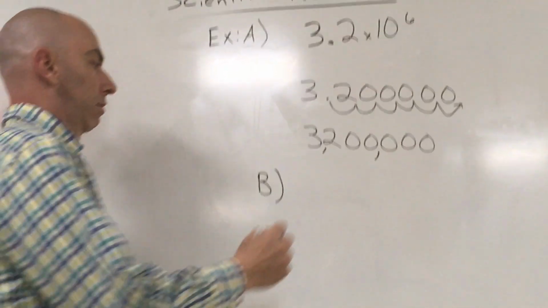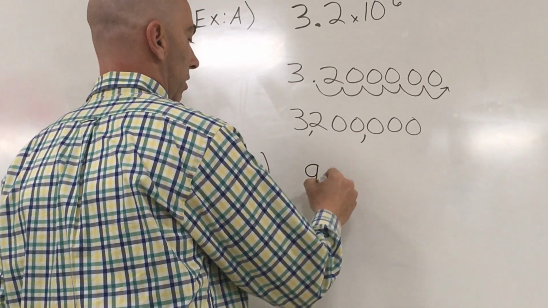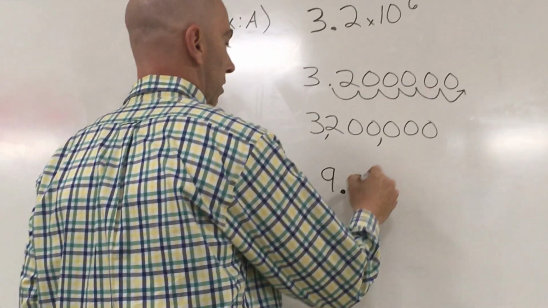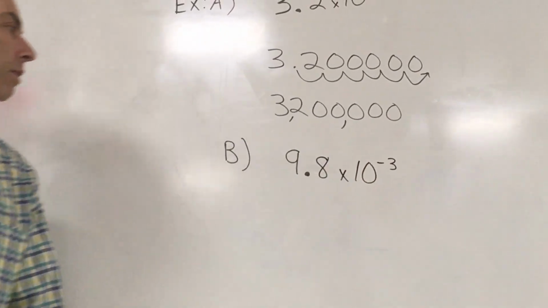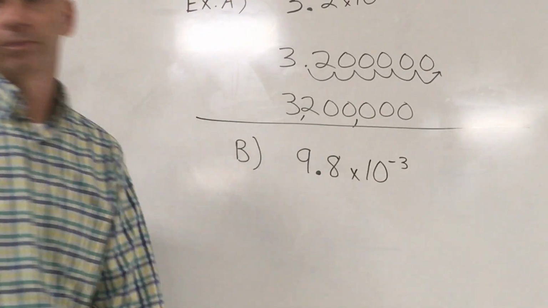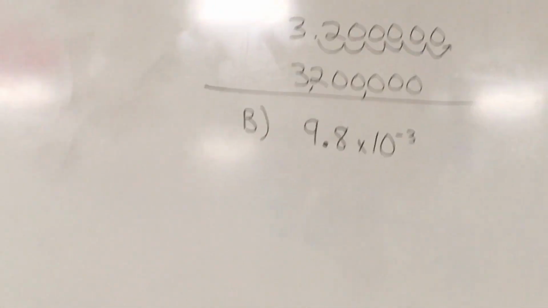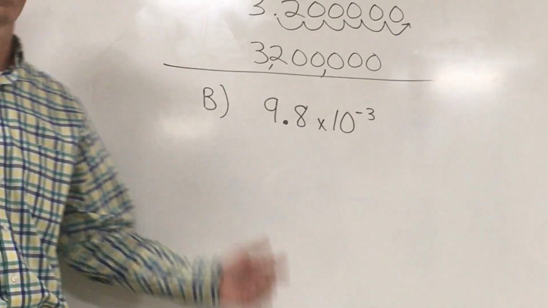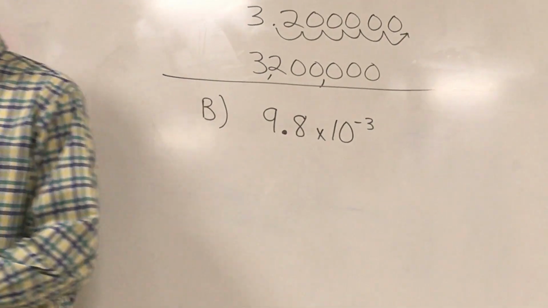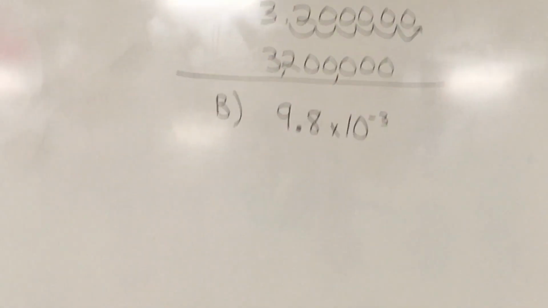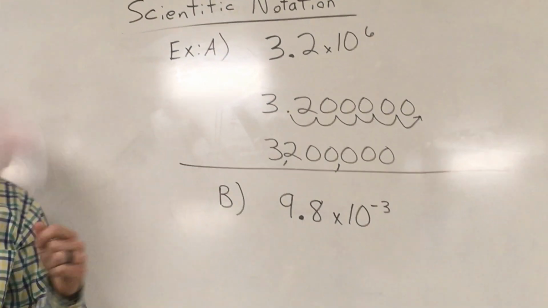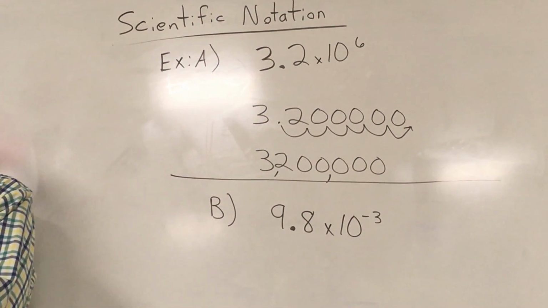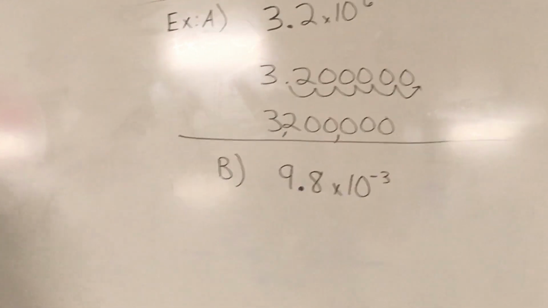Exhibit B. 0.98 times 10 to the -3rd power. Now, first of all, you need to know scientific notation is always a number 1 through 9 and then a decimal.